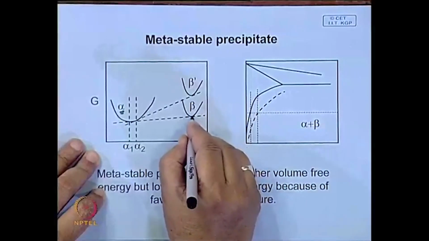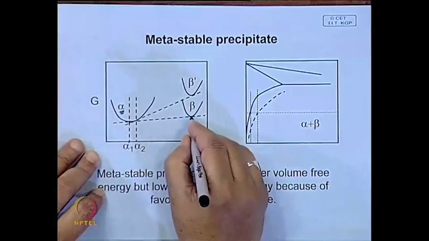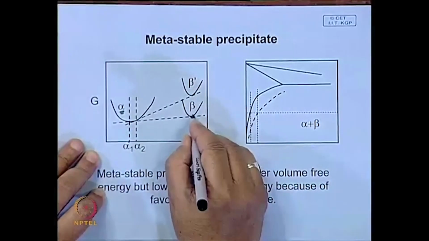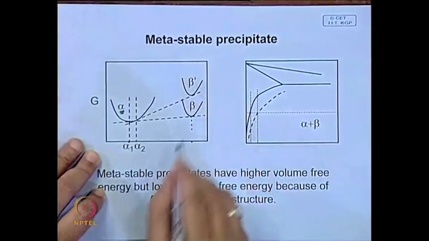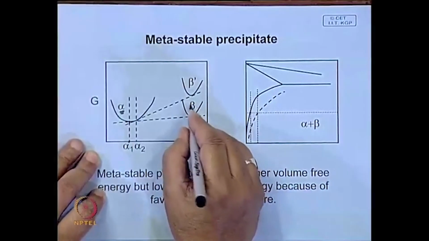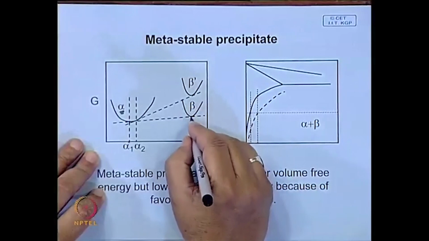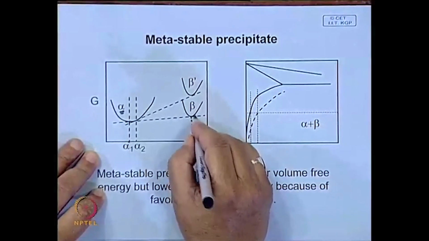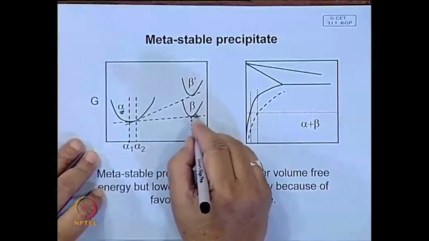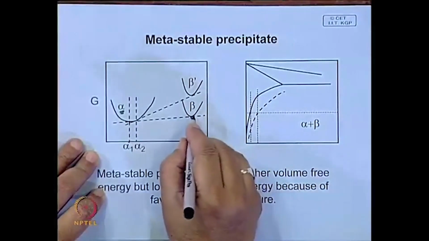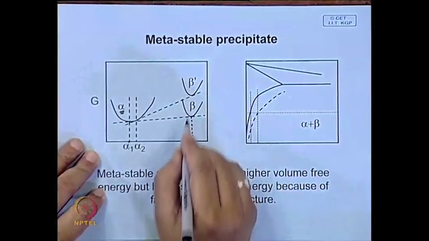Under equilibrium, this composition alpha 1 will be in equilibrium with beta, but this has a high surface energy. So, kinetically you need to provide some amount of activation, otherwise this process is difficult. It is not kinetically favorable. You have to give some amount of undercooling or supersaturation, only then can precipitation take place.